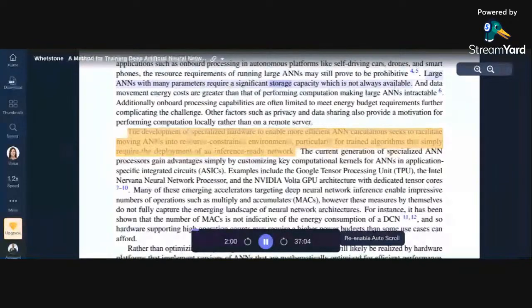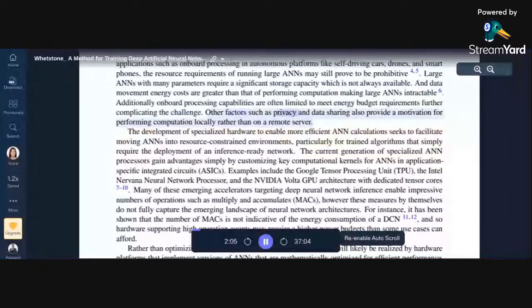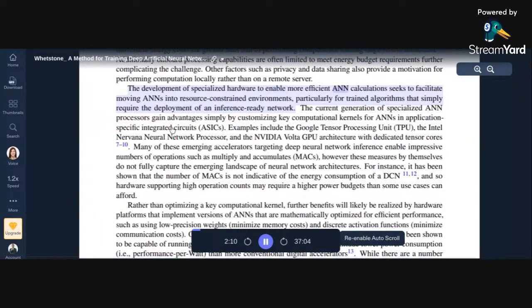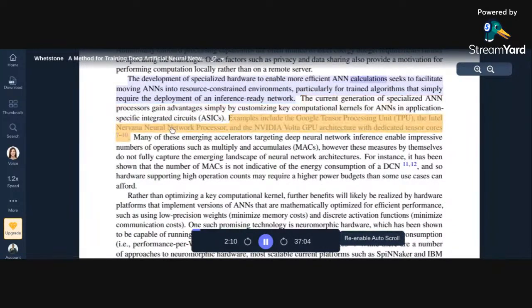Additionally, onboard processing capabilities are often limited to meet energy budget requirements, further complicating the challenge. Performing computation locally rather than on a remote server, efficient ANN calculation seeks to facilitate moving ANNs into resource-constrained environments, particularly for trained algorithms that simply require the deployment of an inference-ready network.